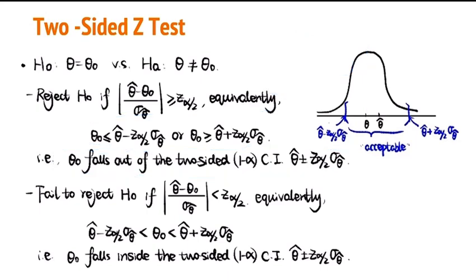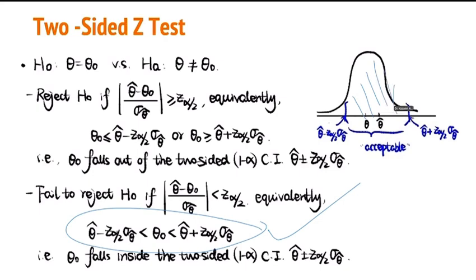In other words, you're going to fail to reject. So if this is rejecting, automatically this is failing to reject. You can see that's the complement of that. And of course, the acceptance region is actually the confidence interval itself. This is the normal confidence interval which I've described here.